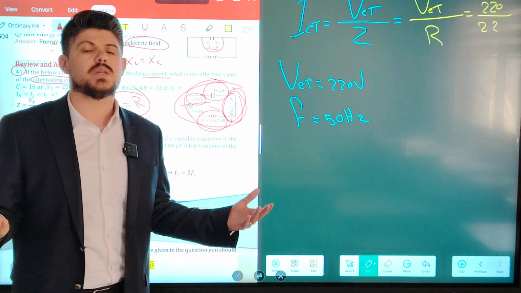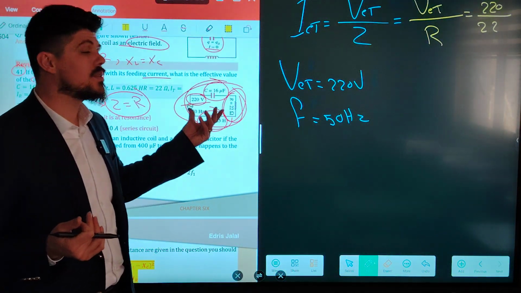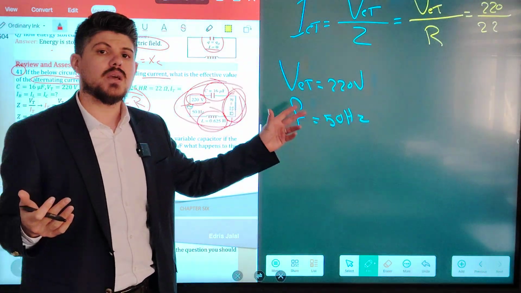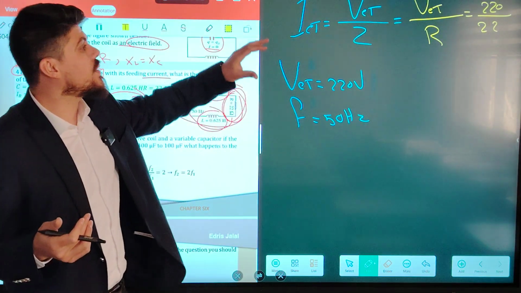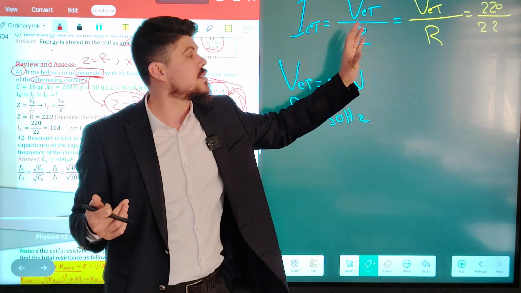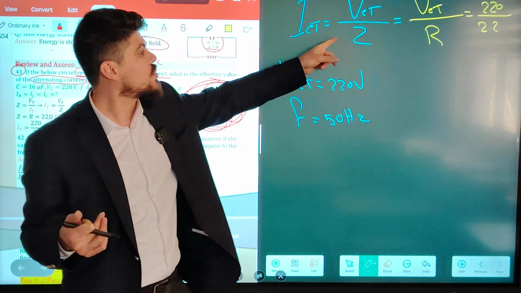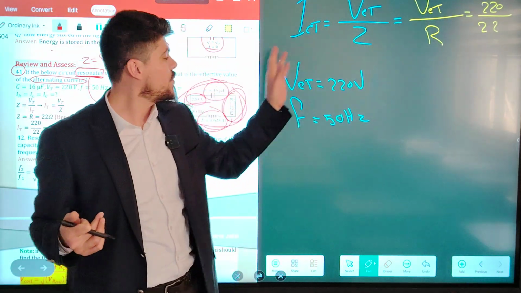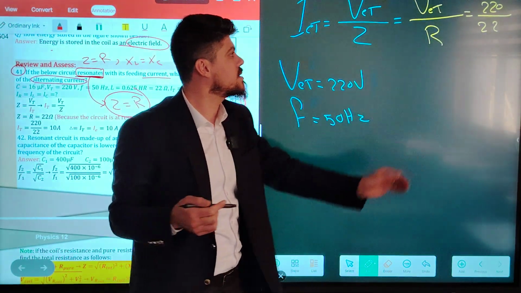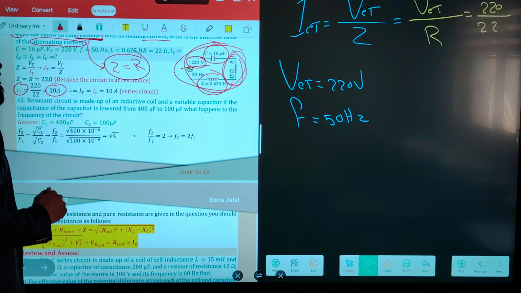We don't need total impedance in this question. Sometimes students try to find the total impedance. At resonance, it is not necessary to find the total impedance, because at resonance the total impedance is equal to R. Do we have R? Yes. You can replace and find the total effective current.